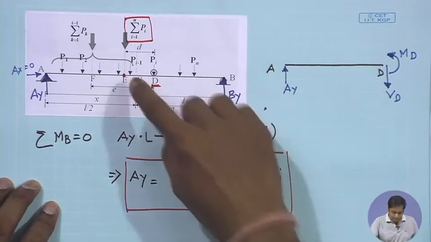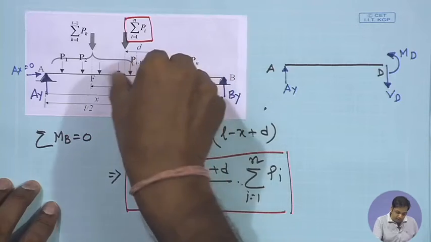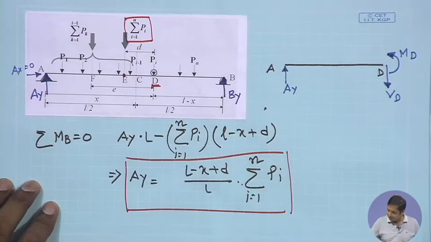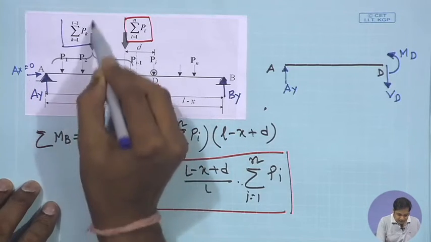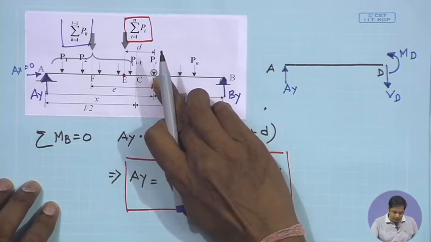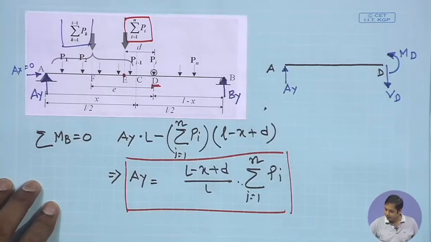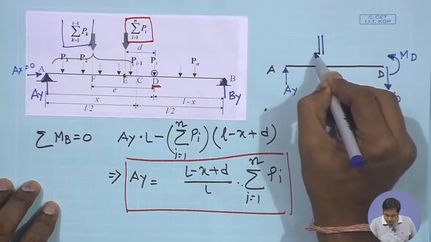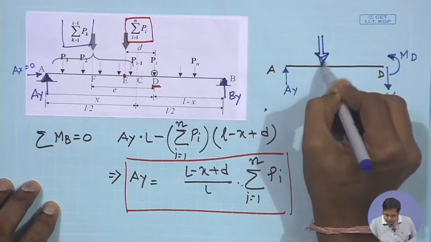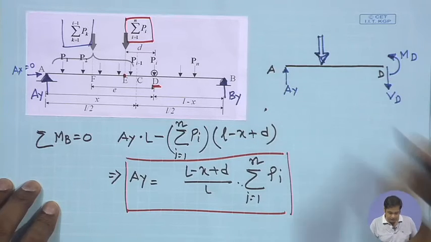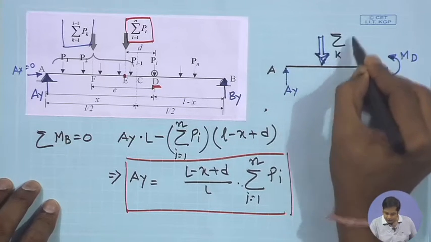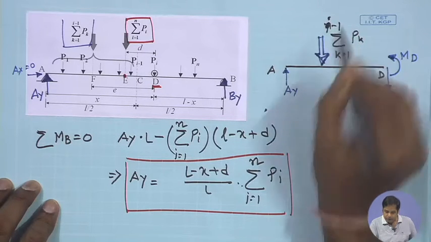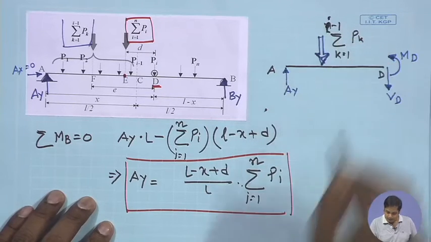One way is to take the moment of each individual force, or instead take the moment of their resultant. Their resultant is this. So, we take the moment of their resultant about D, and this value is summation of Pk, where k is equal to 1 to i minus 1.